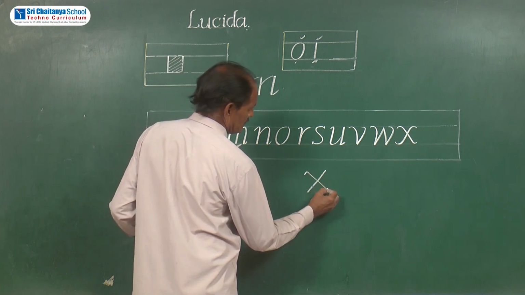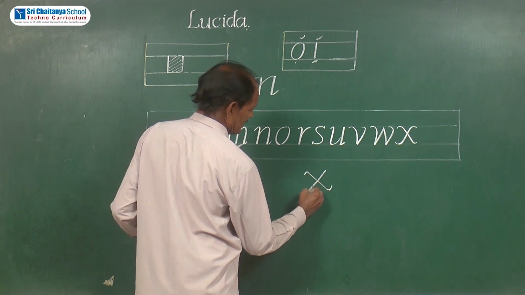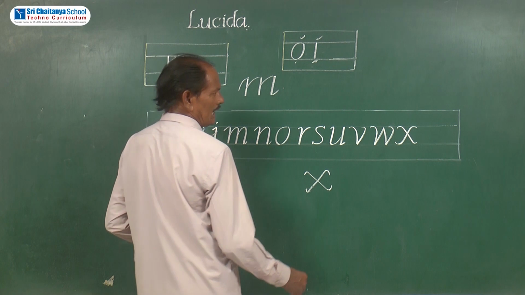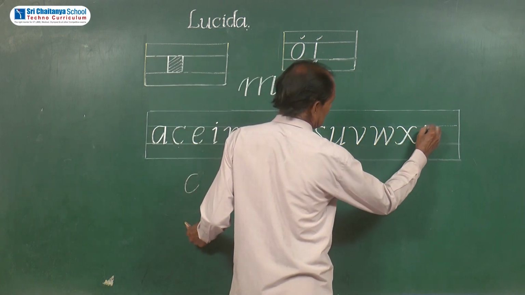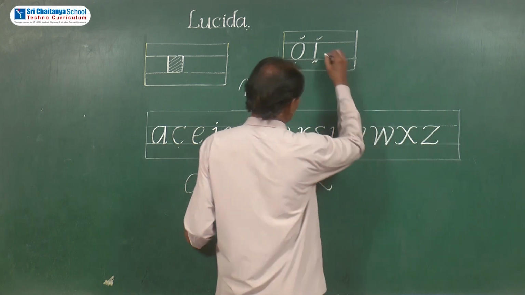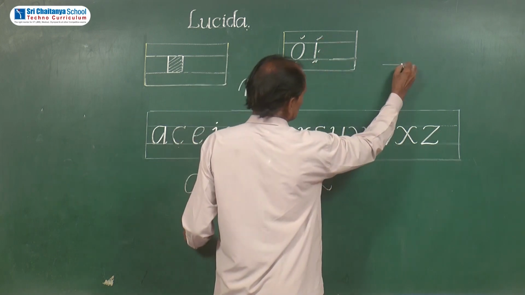We should give the strokes like this. X. And the last middle zone letter is Z. Z is also written with the help of this middle zone stroke.